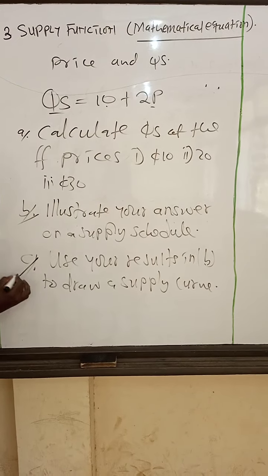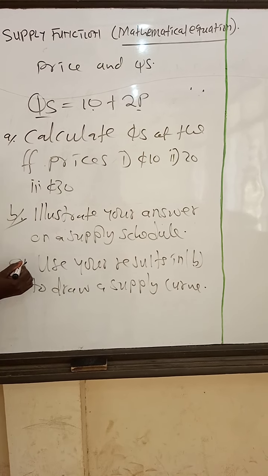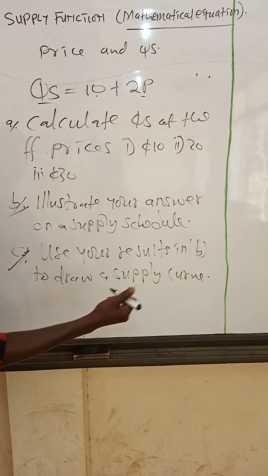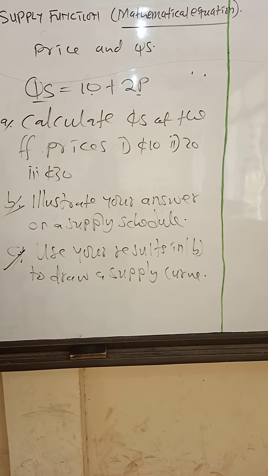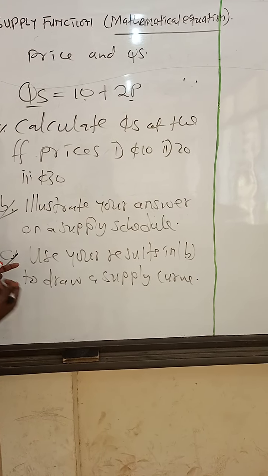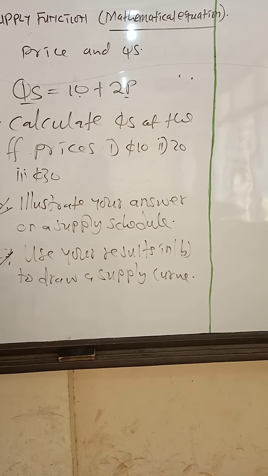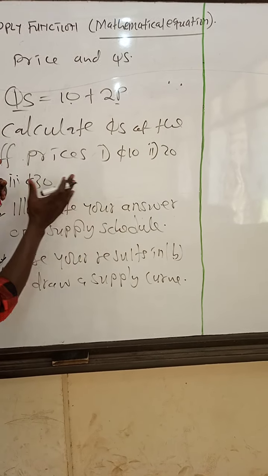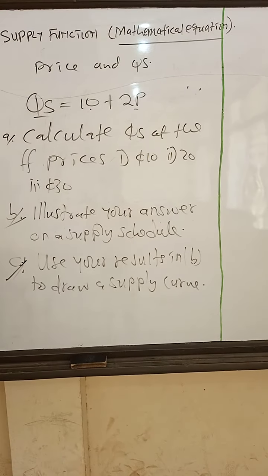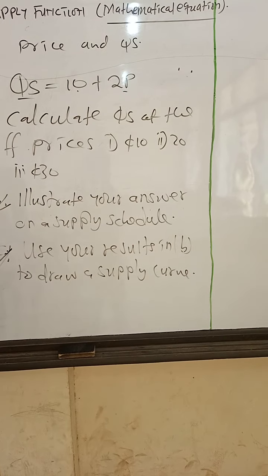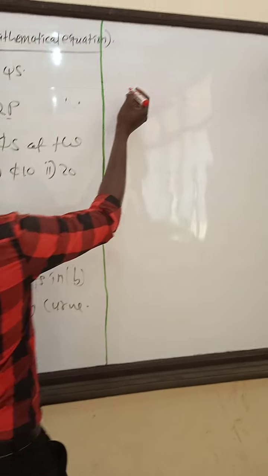I'm going to use the same question to draw a supply curve, which again is another way of illustrating the relationship between price and quantity supply. So if this one is given to us, how do we go about it? Now this is very simple. We do it this way.